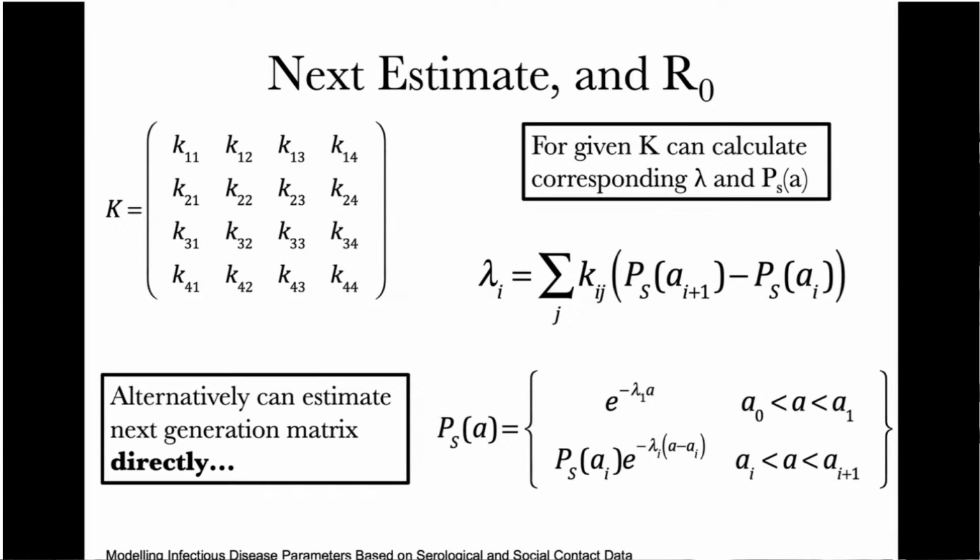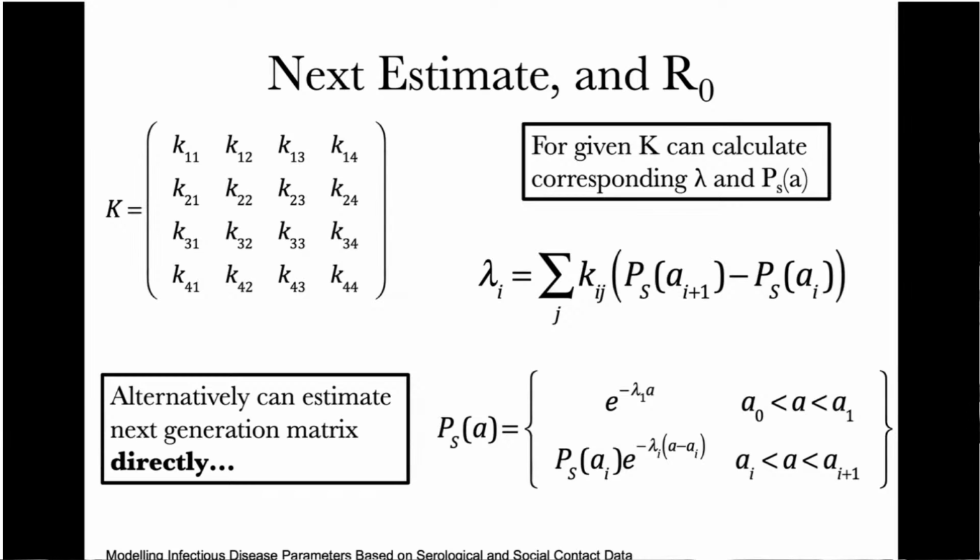where K is really your transmission parameter, and then this difference in the bracket is basically the proportion of infections that happen between the ith age and the next age group.